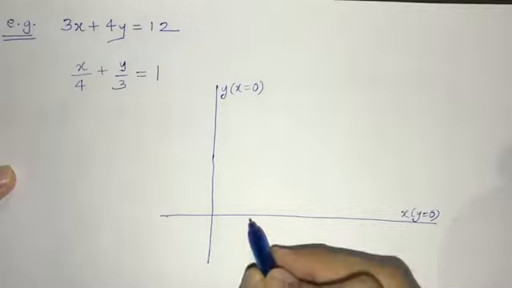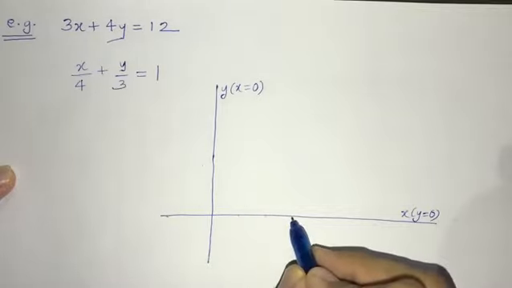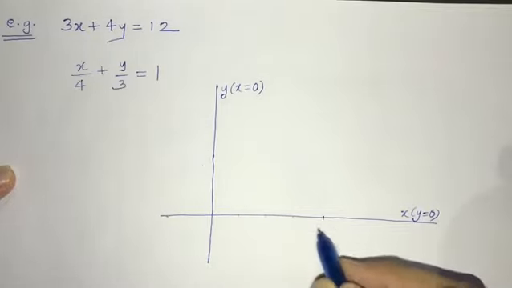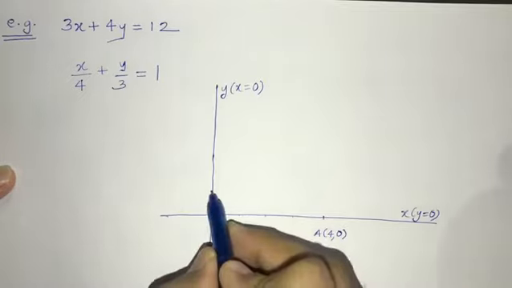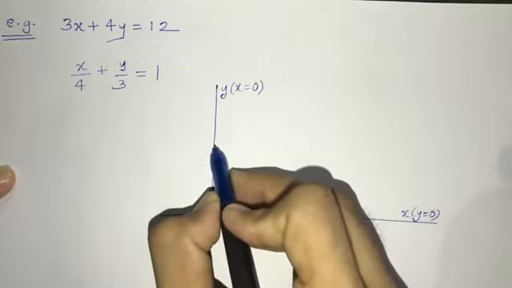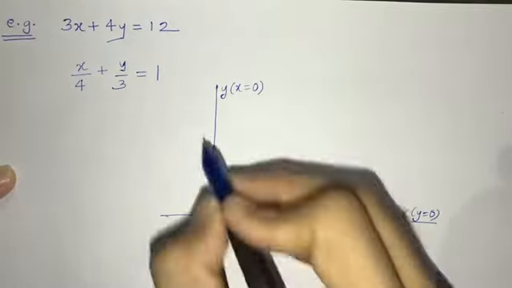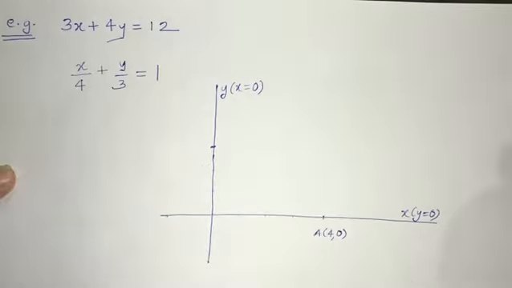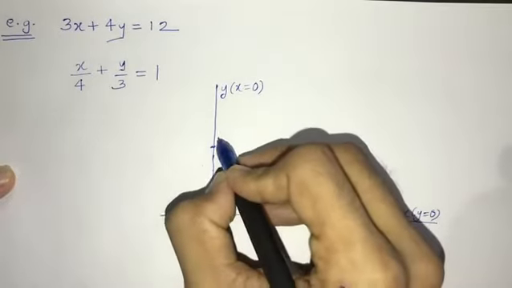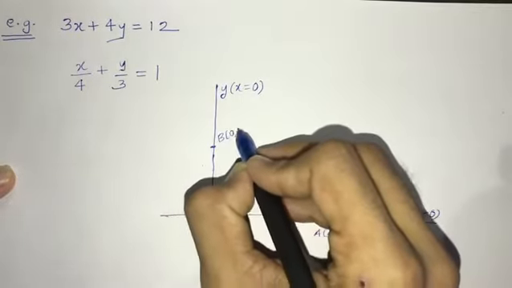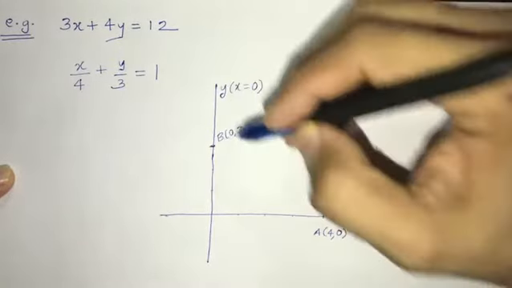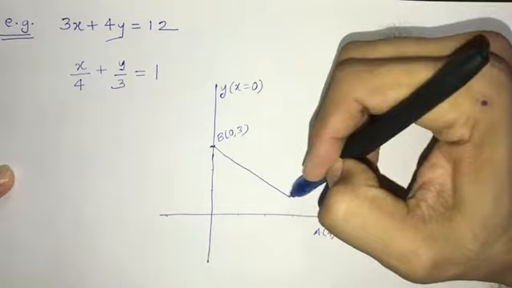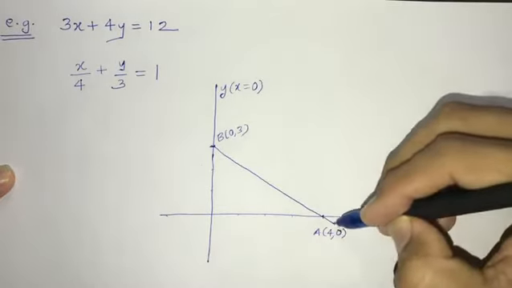A is (4, 0) and B is (0, 3). Then we have a straight line connecting these points. 2 points are enough to plot a straight line.